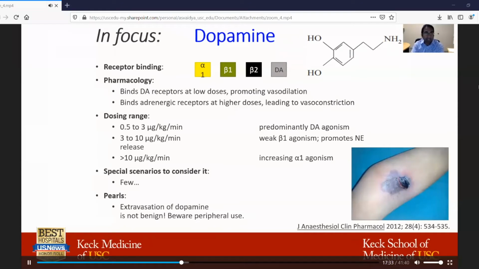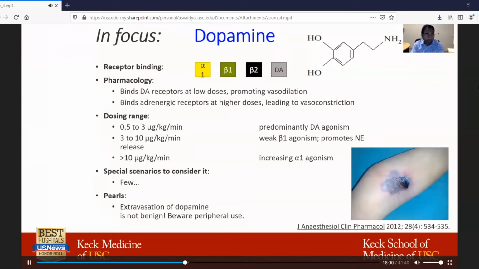And it binds adrenergic receptors at higher doses, due to inotropy and vasoconstriction. So at 3 to 10, it has some weak beta-1 agonism that promotes norepinephrine release, so that's when you're going to get a little bit of inotropic action. At doses greater than 10, you see higher and higher effect of alpha-1 agonism, so more pure vasoconstriction.